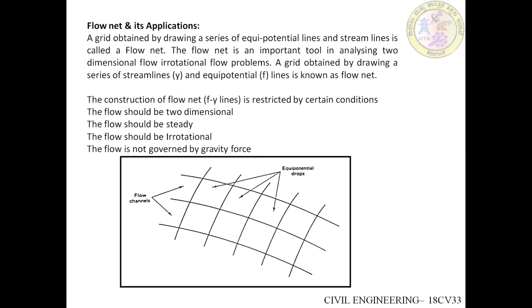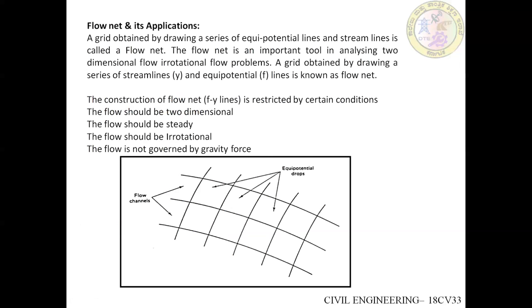Next is the flownet and its application. What is a flownet? It is an important tool in analyzing two-dimensional irrotational flow problems. It is a grid obtained by drawing a series of streamlines and equipotential lines, known as a flownet.